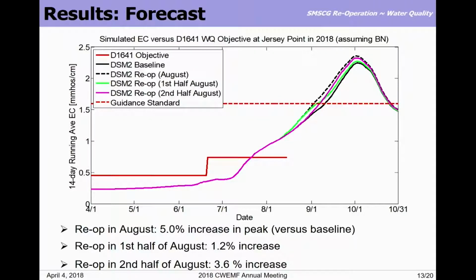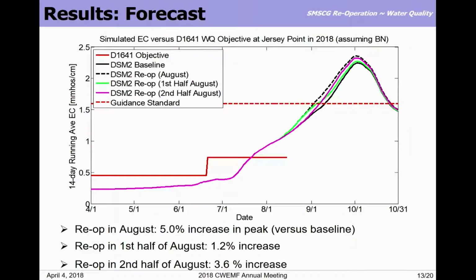As you can see, first, without the reoperation, we violate the standard, here for D1641 and also here for the guidance. The control gate reoperation for this project actually won't increase too much.